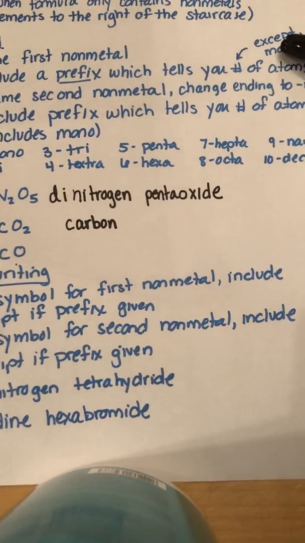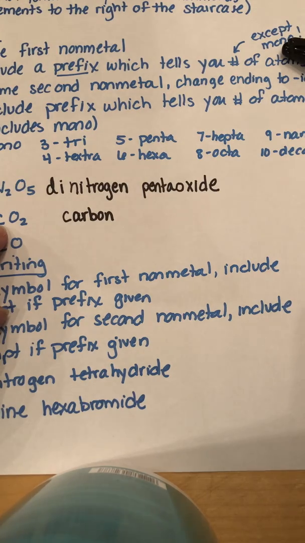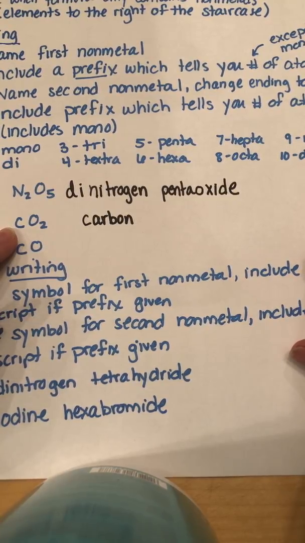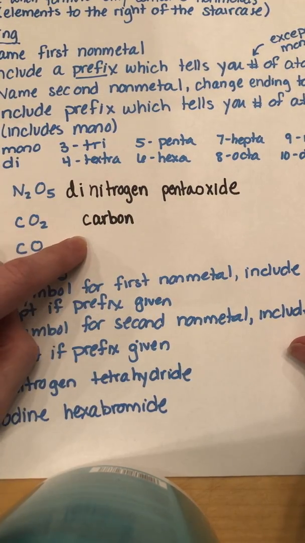So mono is never used on the first element. So this is just going to be carbon. You would not put mono on it. So that's the one exception with the prefixes. Mono is never, ever used on the first element, only on the second element. So this would just stay as carbon.